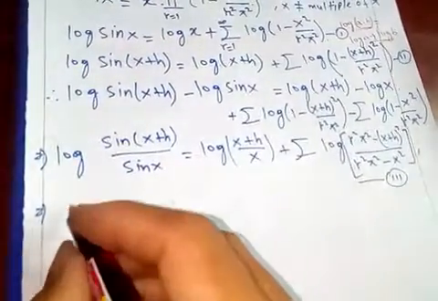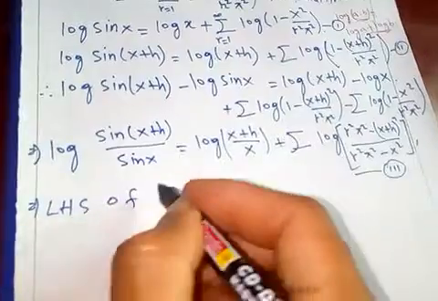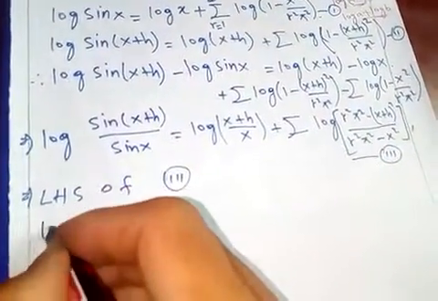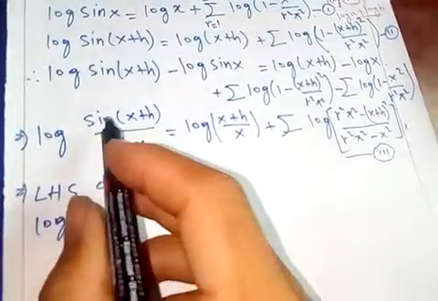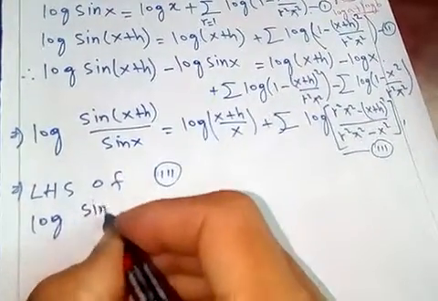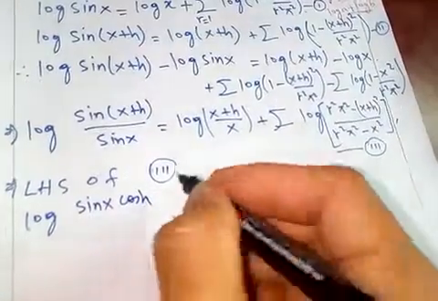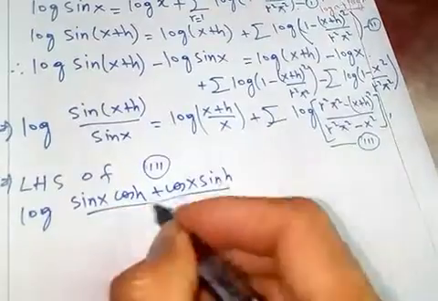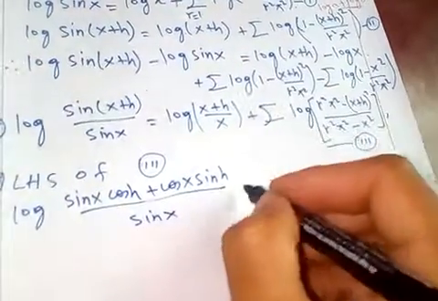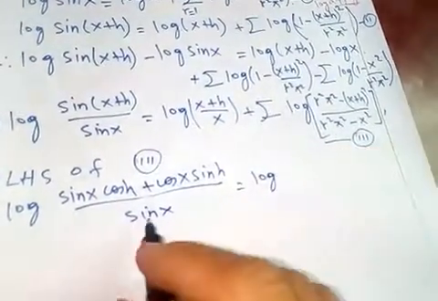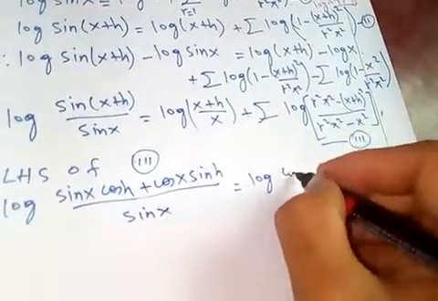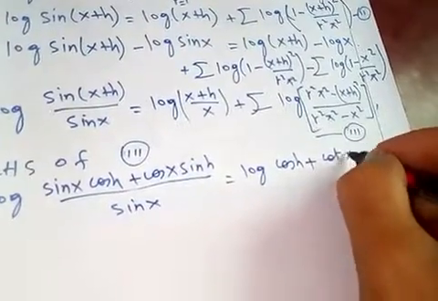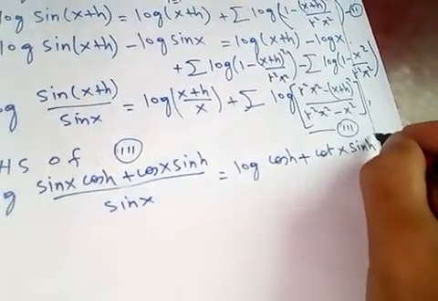Let's expand the left hand side first and after that the right hand side. Left hand side of equation 3: we know sine of a plus b is sine a cos b plus cos a sine b. So it is log of cos h plus cot x sine h.